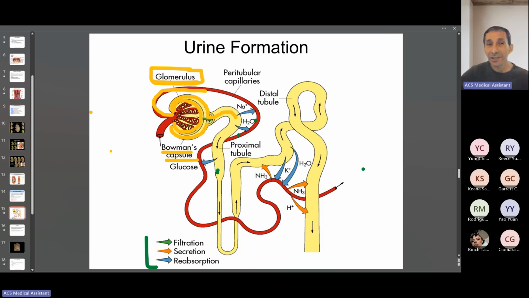They cannot pass through this filter. But then within these tubes, we're going to pick up again those things that accidentally passed through the filter or didn't pass through the filter. So that's how we're going to do it.